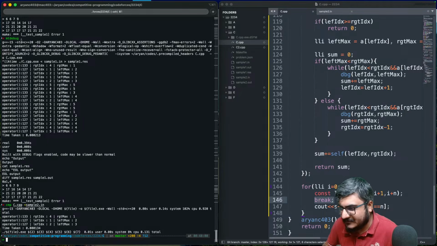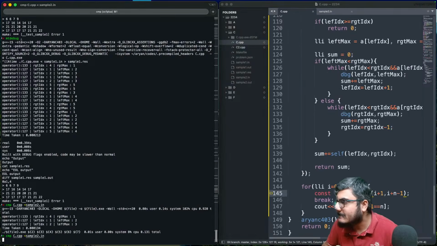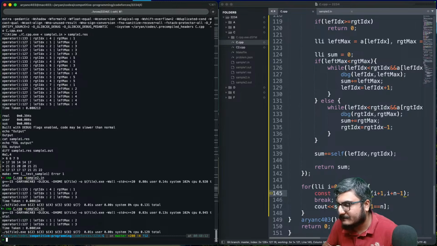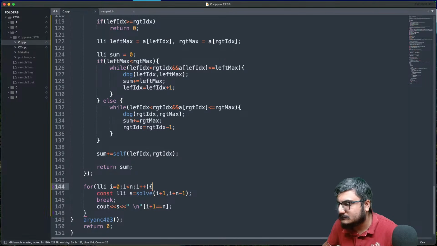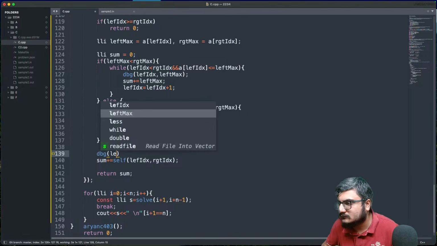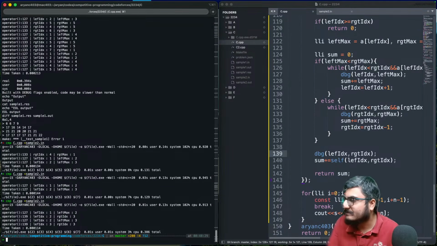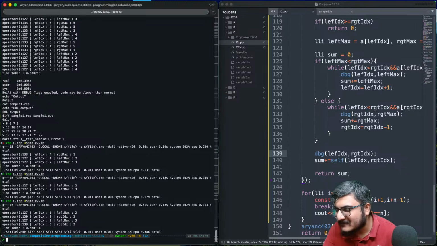Okay, I'm debugging a bit. Oh, I need index 3 only. First, I have 2, 3.